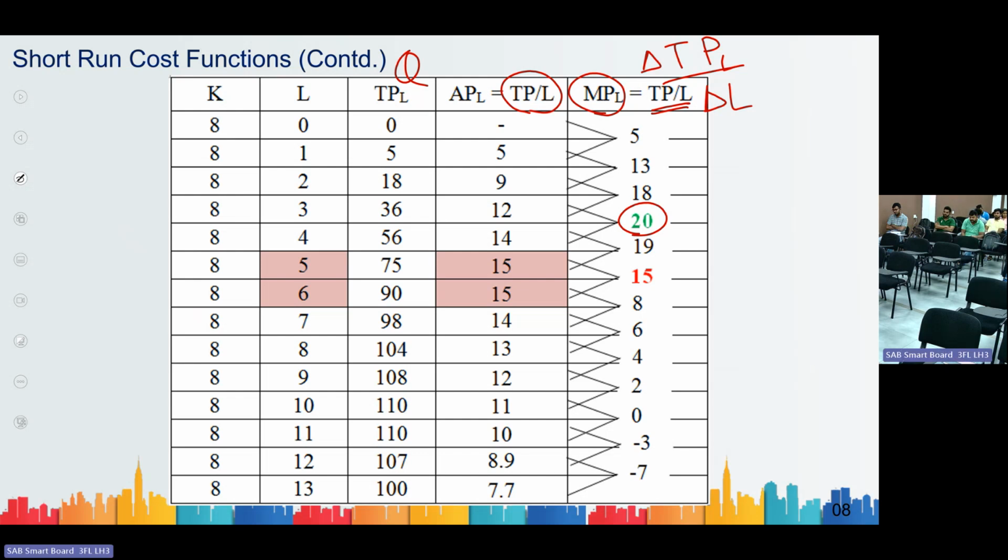And marginal product and average product are equal here. This is where MPL is maximum. This is where MPL equals APL.